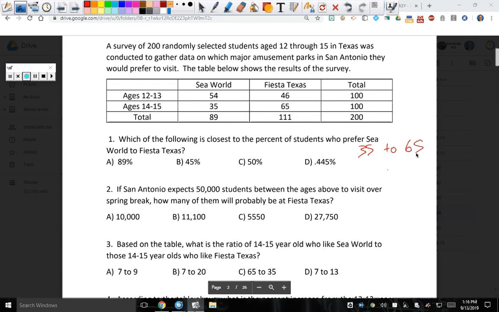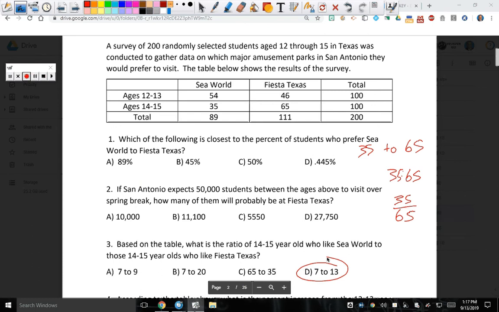So this is a ratio, could also be written as 35 to 65, which also could be written as a fraction. So it would reduce, Jackson, to what? 7 to 13. Divide both by 5, right? And it would reduce to 7 to 13.